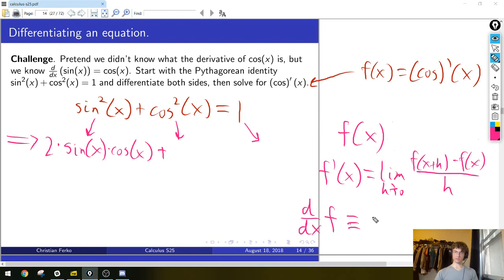So now you ask, okay, what is the meaning of the letter x in d/dx? The meaning of the letter x is to say, look at the function which this thing acts upon, and if that function depends on the same letter appearing in my d/dx, so if f is a function of x, then this expression is equal to the difference quotient which would define the derivative f prime of x.